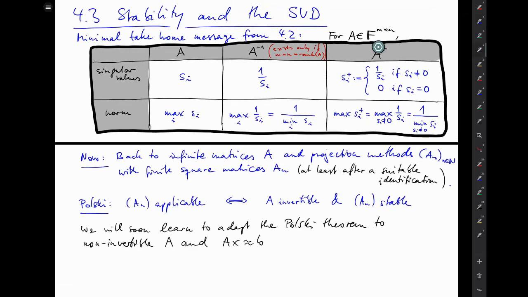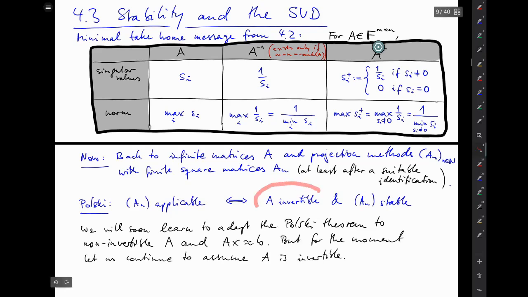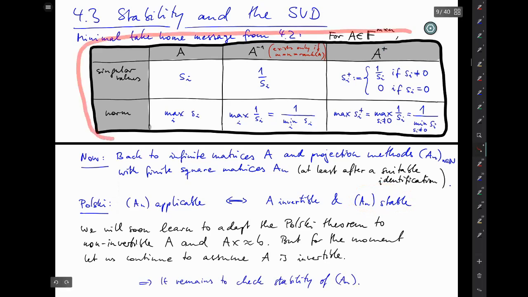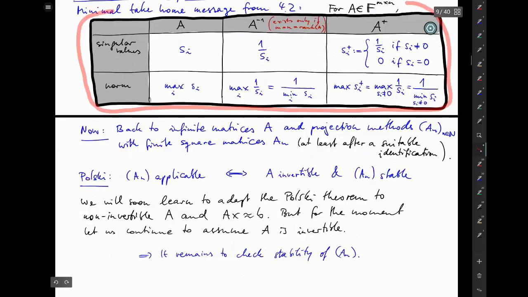But for the moment, let's continue to assume A is invertible. Okay, well then, if this condition here is guaranteed, then it's all about checking the stability of your sequence A_N. And this table here kind of suggests that we could do that in terms of singular values. So let's try.